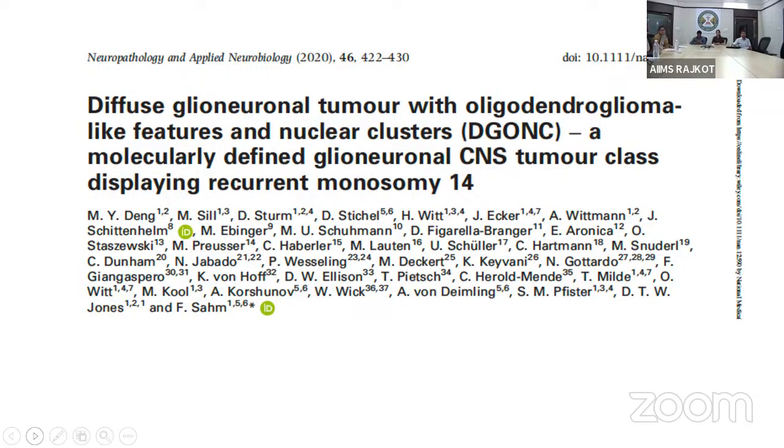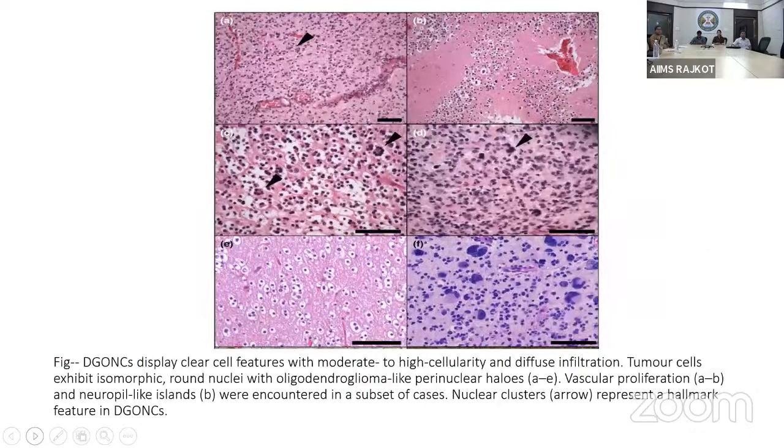Previously, the oligodendroglioma hybrid category, oligodendroglioma-like, DNET and PNET were considered morphological variants of this tumor on histopathological finding, but because of the presence of this recurrent monosomy in chromosome 14, this tumor is categorized as a new entity in this classification.